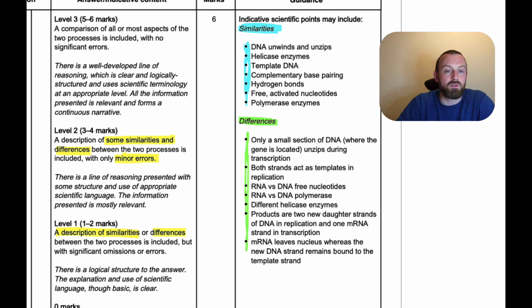And to get 5 or 6, you really need to talk about most aspects of the 2 processes with no significant errors. So you really want to give 3 similarities and 3 differences is what I would say is most, with no errors. Okay, so pause there if you want to have a further look.